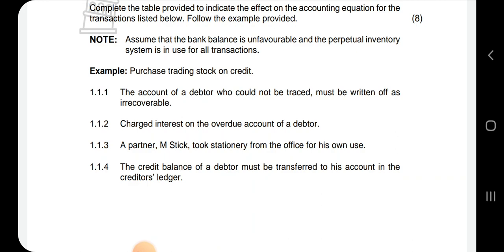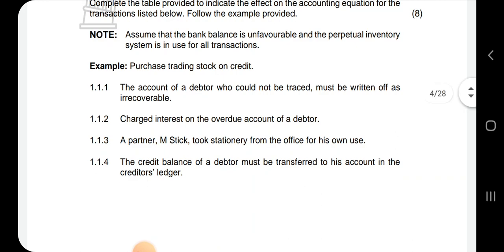For 1.1.2, charged interest on the overdue account of a debtor. So this debtor has not paid in time. The account is overdue. They should have paid us, but they haven't. So we charge them what? Interest, a penalty fee for not paying on time. So here we are going to increase owner's equity.